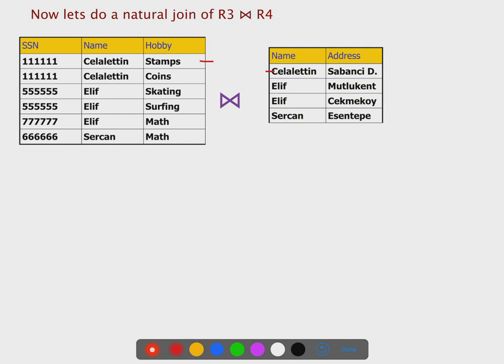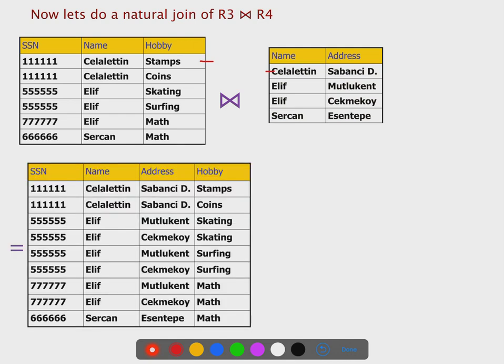We look at all the rows, and we include the rows with a matching name in the resulting relation. And you see that there are lots of rows actually that are introduced due to the natural join. So the resulting relation is not equal to the original relation.